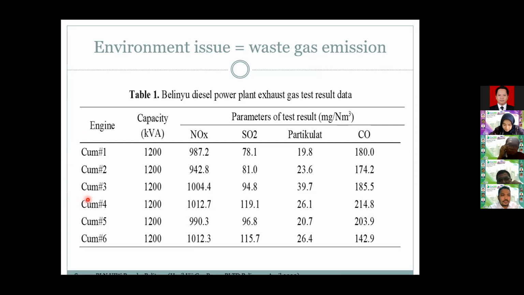The result is divided into 4 main components, namely nitric oxide, sulfur dioxide, particulate, and carbon oxide. From this table, we can say the 4th machine and 5th machine have the worst results compared with the other machines.